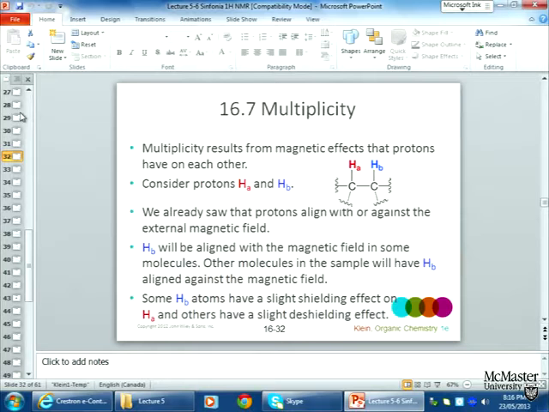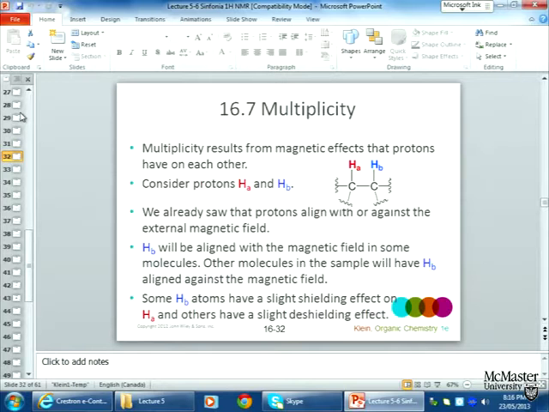So HB can be aligned with or against the magnetic field. So HB in one type of molecule will be aligned with the field, and HB in the other type of molecule will be aligned against it. What are the odds of it being aligned with or against?